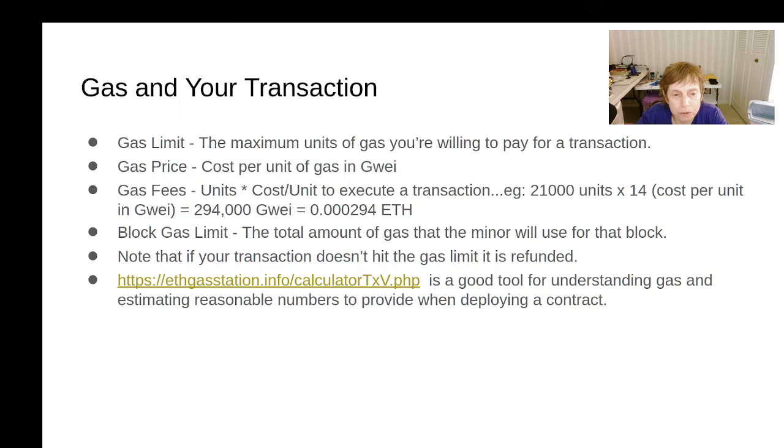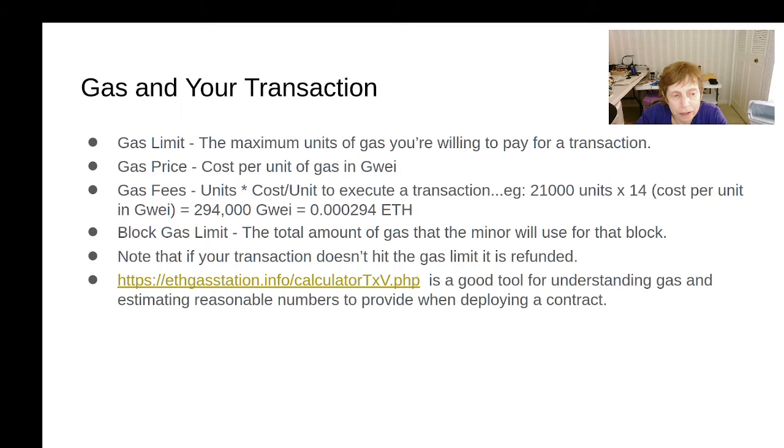Gas fees equals units times cost per unit. So 21,000 units times 14 GWEI equals 294,000 GWEI, which is 0.000294 ETH.